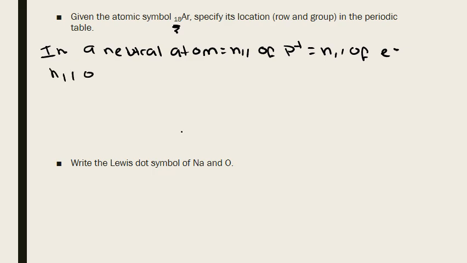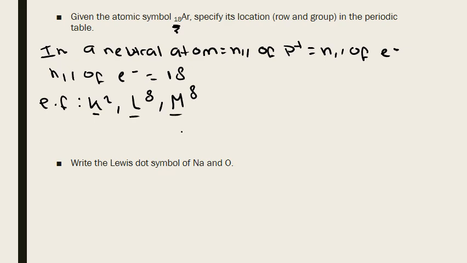So the number of electrons is also equal to 18. We can write the electronic configuration, which is K2L8M8. So 8 plus 2 is 10, plus 8 is 18. It's got 3 energy levels.